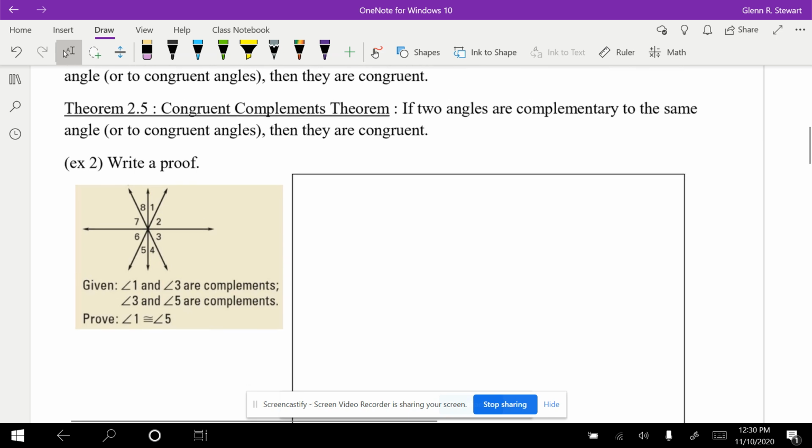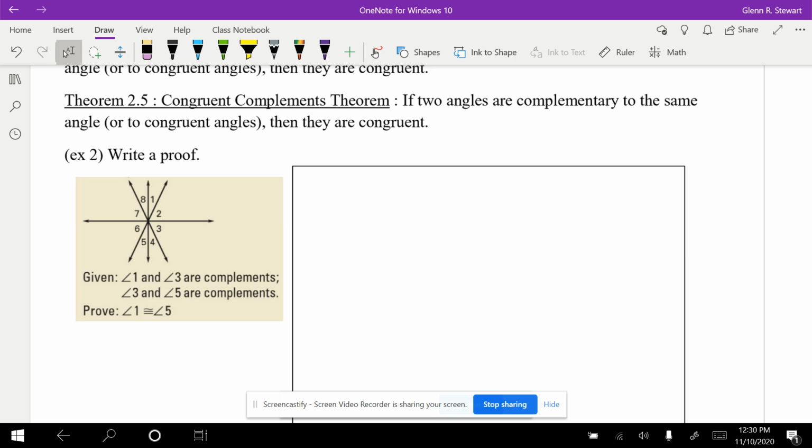Let me take you through example number 2, which proves the congruent complements theorem. It says that we want to write a proof. Angles 1 and 3 are complements. Angles 3 and 5 are complements. Prove angle 1 is congruent to angle 5. Let's first write our statements and reasons columns.